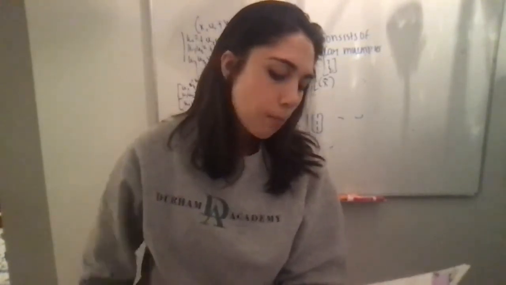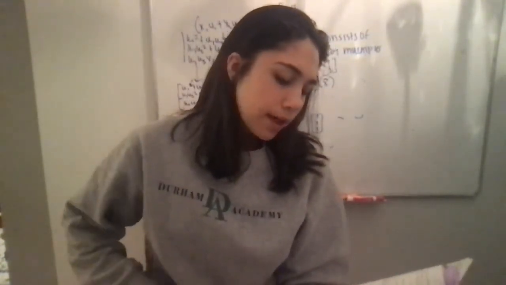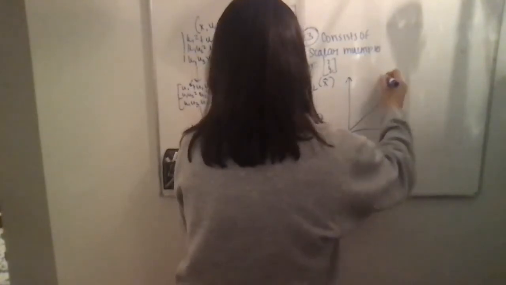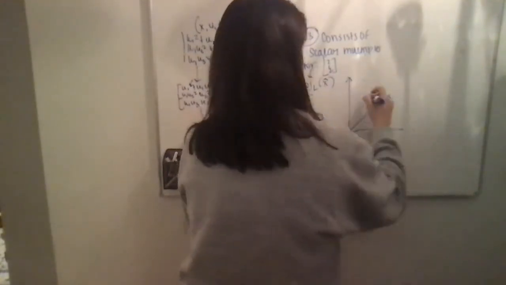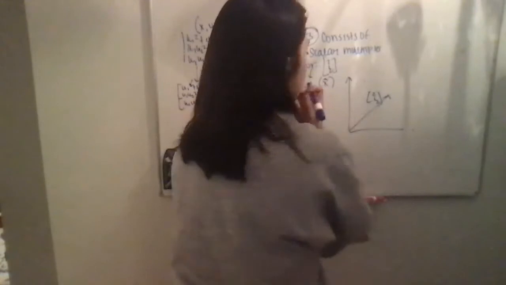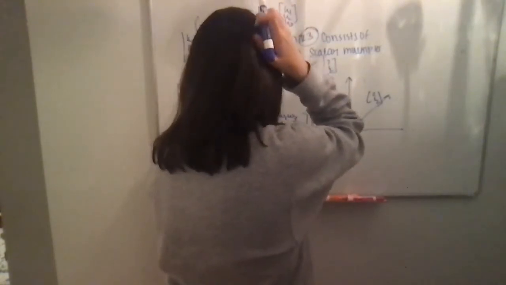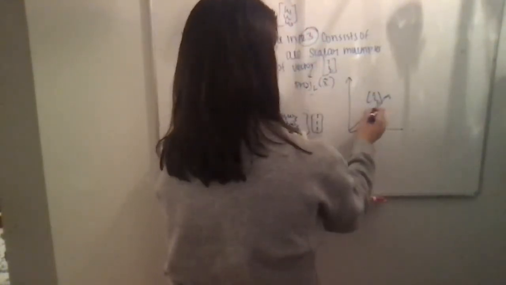It's wanting us to find the orthogonal projection of the vector 1, 1, 1 onto L, and I'll draw this out geometrically. L, as I already said, is the vector of 2, 1, 2. But we're trying to find the reflection or the orthogonal projection of 1, 1, 1 onto L, right?